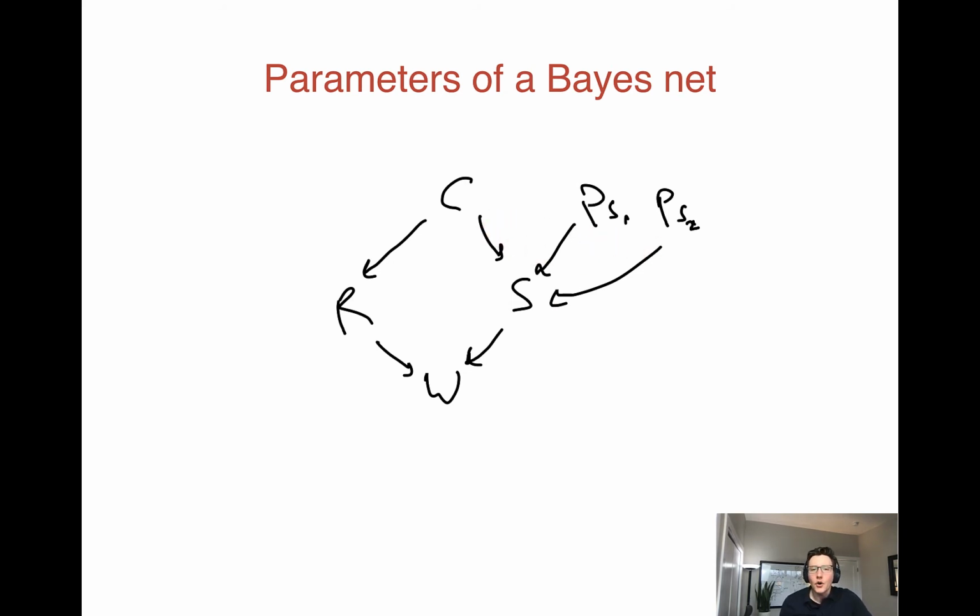If we already know what the values are, one convention of probabilistic models and Bayesian networks is that if a variable is unknown, we draw it with an empty circle. If a variable is known, we draw it as a shaded circle. I can't really draw shaded here, so I'll just use yellow to indicate that this is a variable that's known.